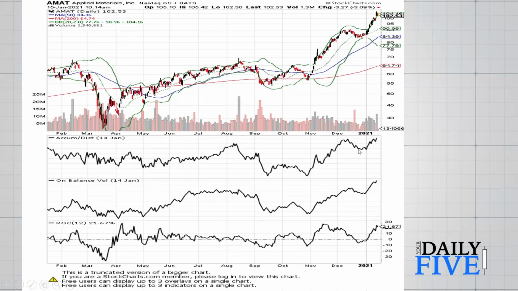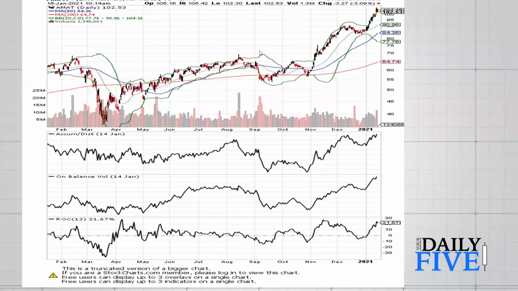You see very, very strong accumulation distribution, very strong on-balance volume, very strong ROC, which shows momentum, and a huge volume surge over here. This stock would be one that you want to maybe give a little time to and see if it consolidates. You might come back down to the 195 area. Let's see what happens. But I think technology is going to be crucial in 2021, no matter what else happens.